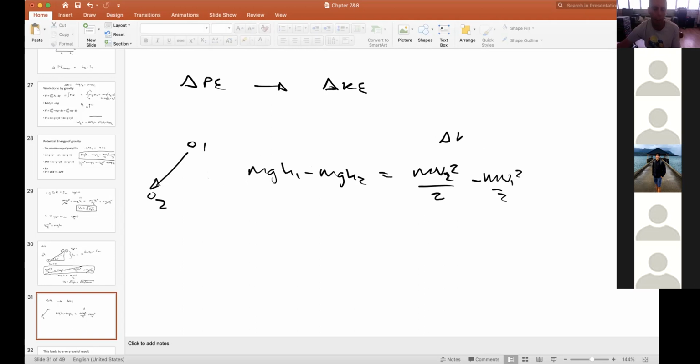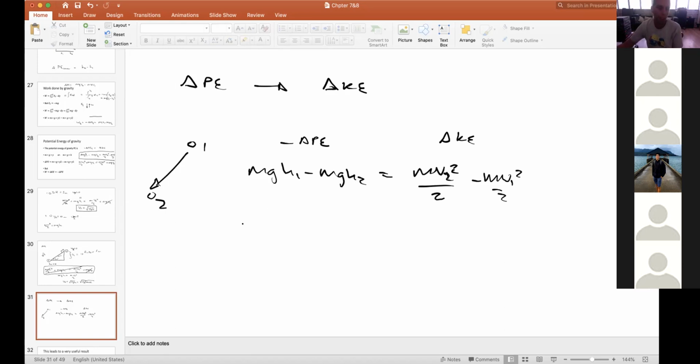This is the change in kinetic energy, and this is minus the change in potential energy. The reason there's a minus is that gravity does work in the negative direction when you fall.